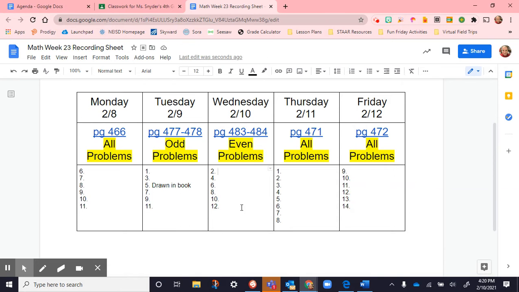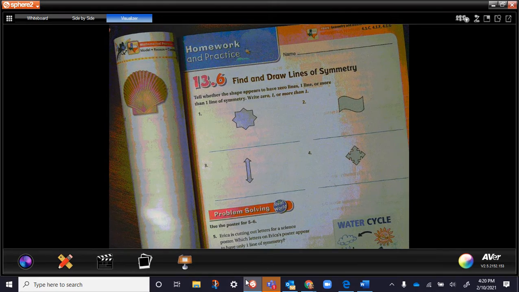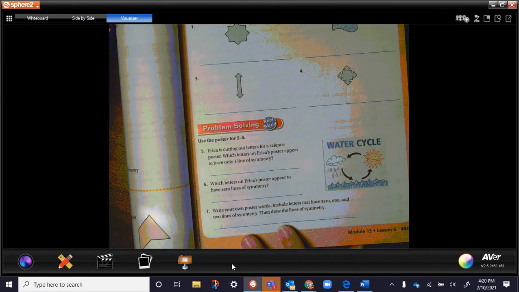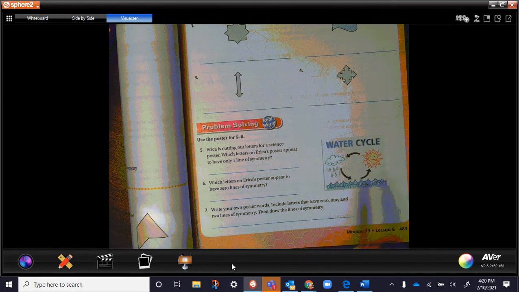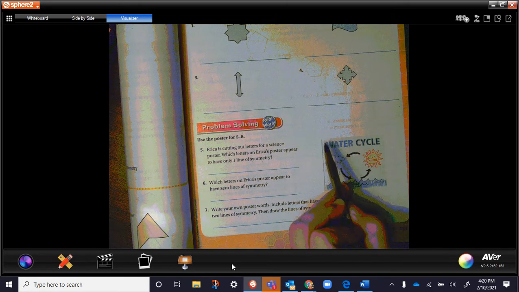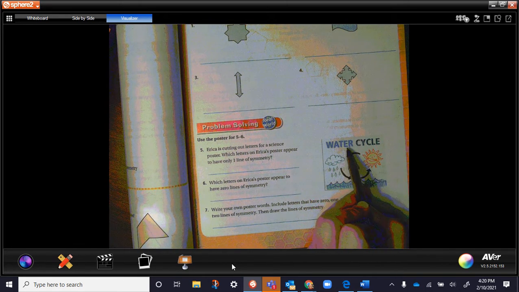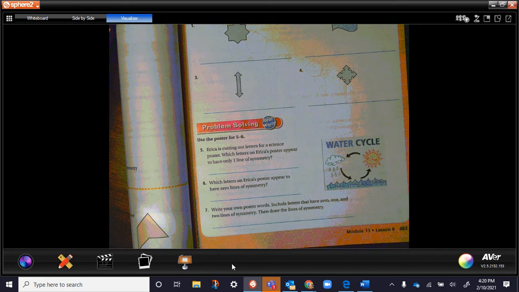And then for number 6 has this poster with the water cycle. And you're looking at the letters. So it says, which letters on Erica's poster appear to have 0 lines of symmetry? So you're going to look through and you're going to say, okay, like the R, I tried vertical, I tried horizontal, I tried diagonal, nothing's working.